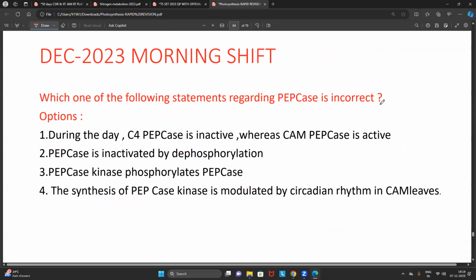Every one of you, quickly answer the question very correctly. It is a 4 mark question, and the question asked is: which is incorrect?